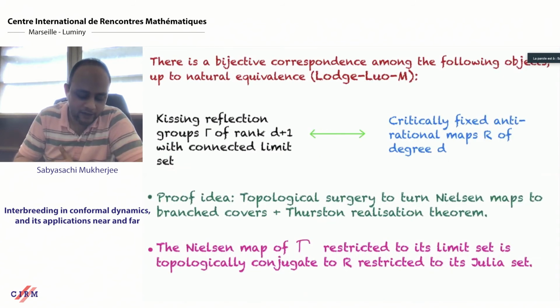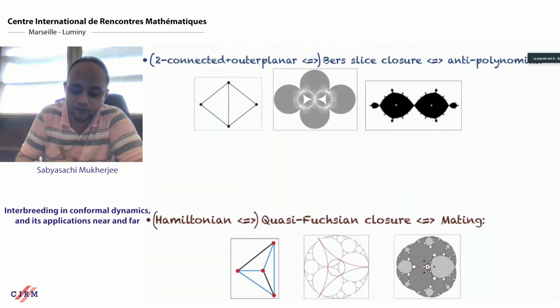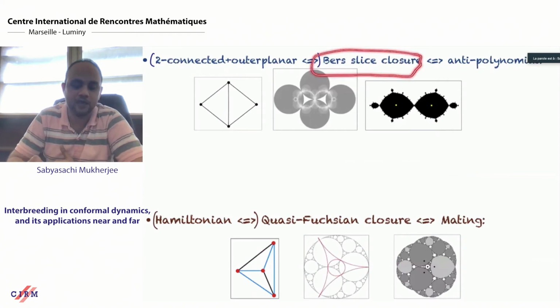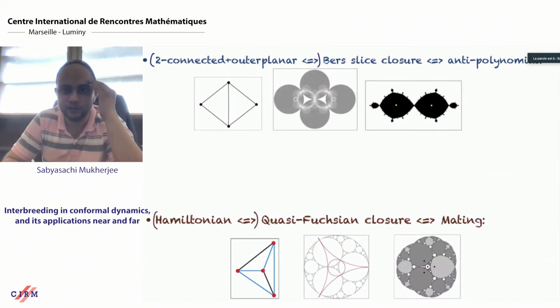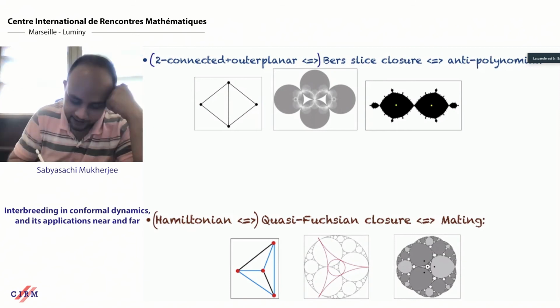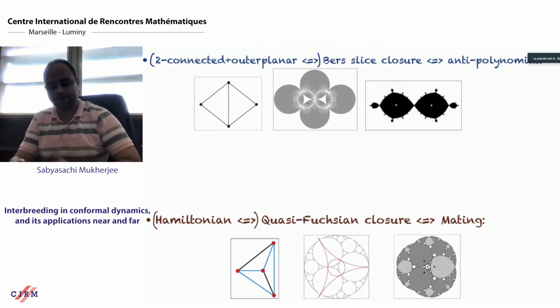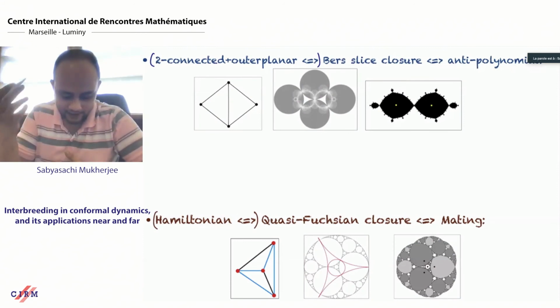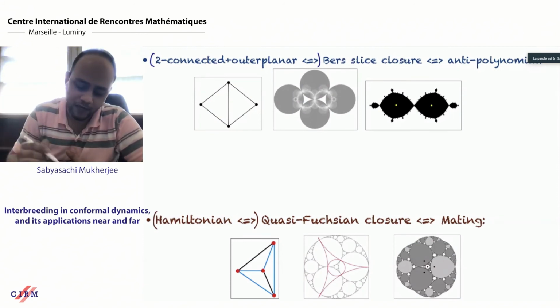If your kissing reflection group is on the boundary of or in the closure of the Bers slice of the ideal polygon reflection groups, then the associated rational map is in fact a polynomial. And there's a clean way of seeing this. This is not just an abstract bijection. In fact, this ties up with the theory of laminations too.